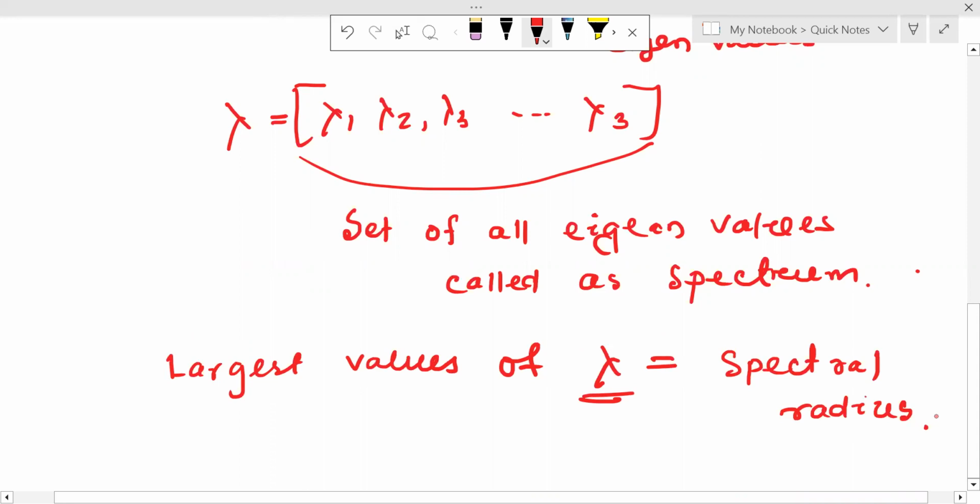So what is the spectral radius? We can represent it here: the largest value of lambda is called the spectral radius.